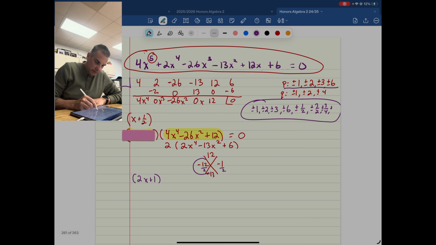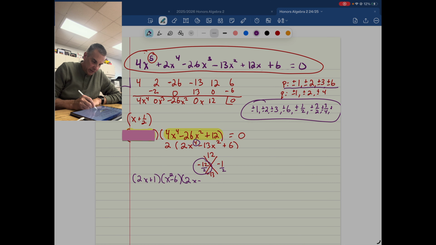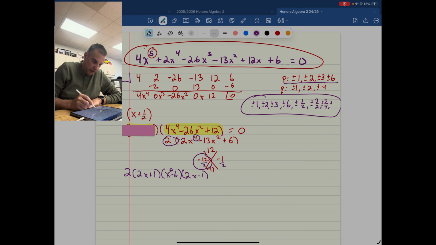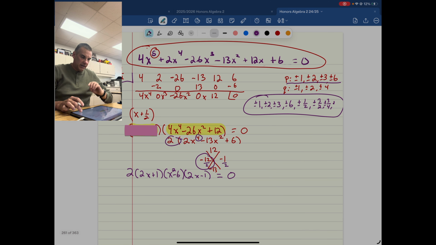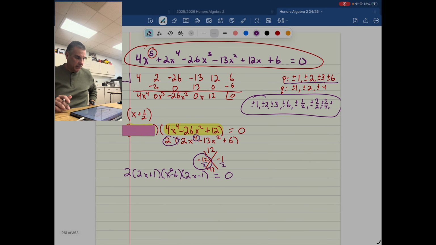This part now, 12 divided by 2 is 6, so that's going to be x minus 6, but it's going to be x squared minus 6 because I started with x to the fourth. And then this is going to be 2x minus 1, but I've taken this 2 out, so I got to bring that 2 along.